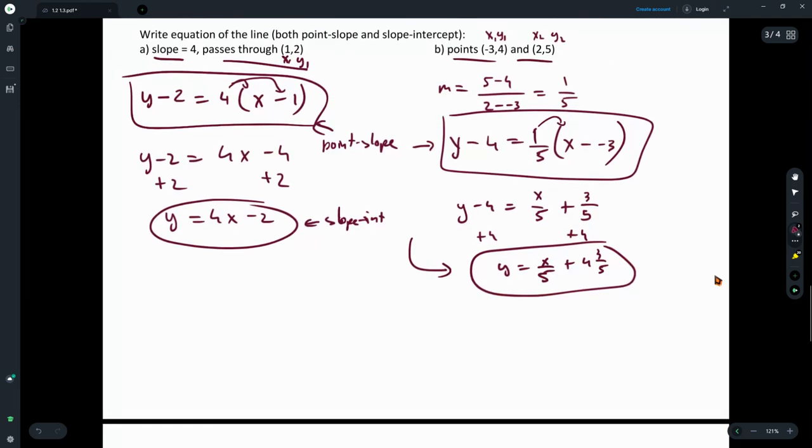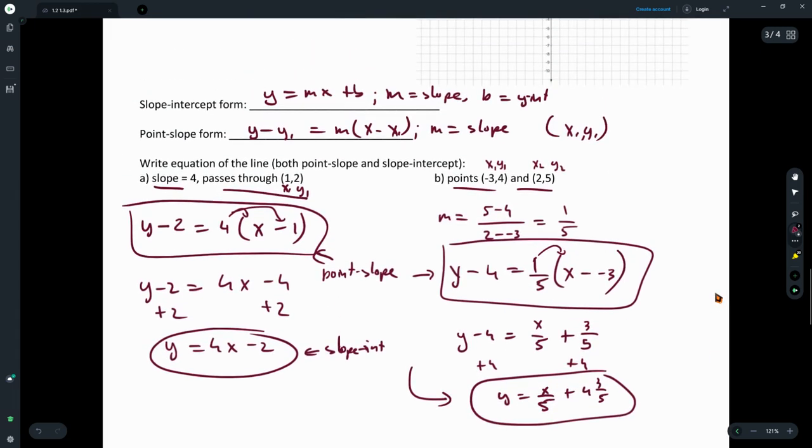Another way to do the slope intercept form, let me show you real quick, just so you have all the different ways. Once you have the slope and the point, and you don't want to go through point slope form and then convert it, you can just put y is equal to mx plus b, and then put in the values for y and x and m and solve for b. So I take the point 2 and 5 and plug that in for x and y. So y is 5, m is 1/5, and x is 2.